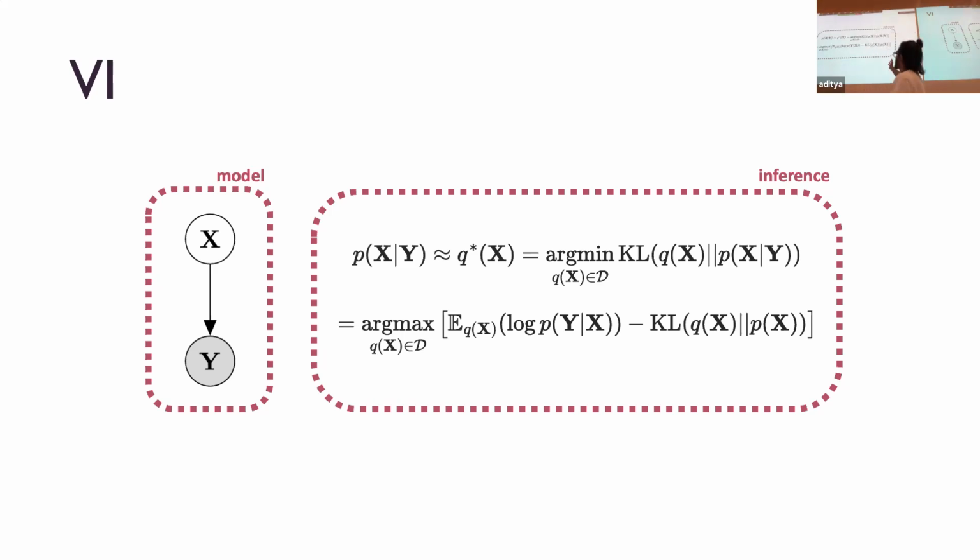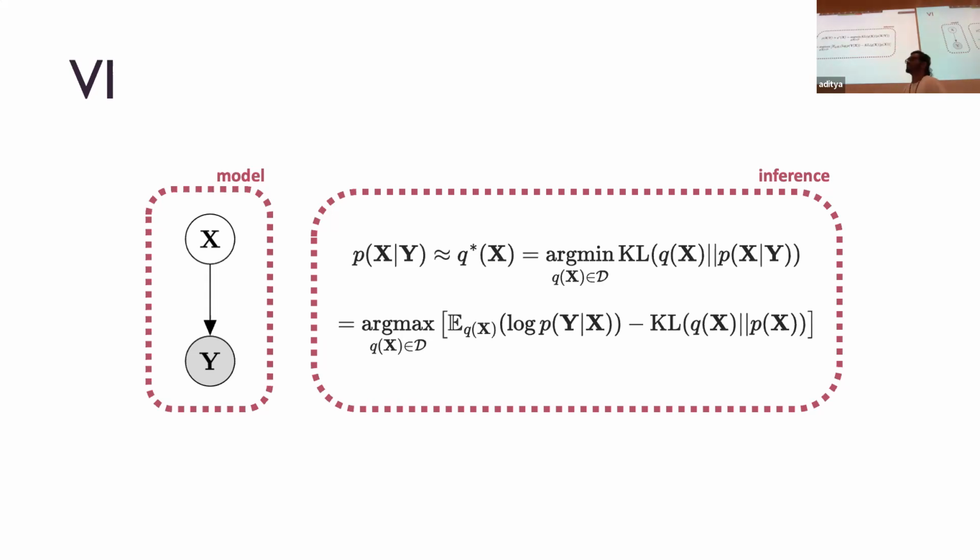This is done by minimizing a KL divergence between the approximate posterior and the true posterior over the space of approximate posteriors that you can define. For example, you can define the space of all approximate posteriors to be normal distributions with means and standard deviations that are free parameters, and optimize these free parameters within that space.